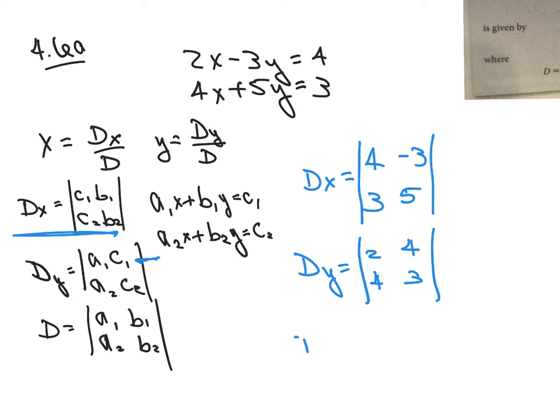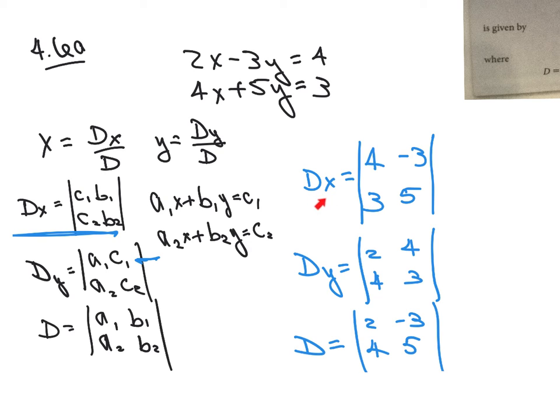Then we've got D, and D is going to be A1, which is the first number on the top row. B1 is the second number on the top row. A2 is the first number on the bottom row, and B2 is the second number on the bottom row. So there are my 3 sets of determinants that I need to solve now.